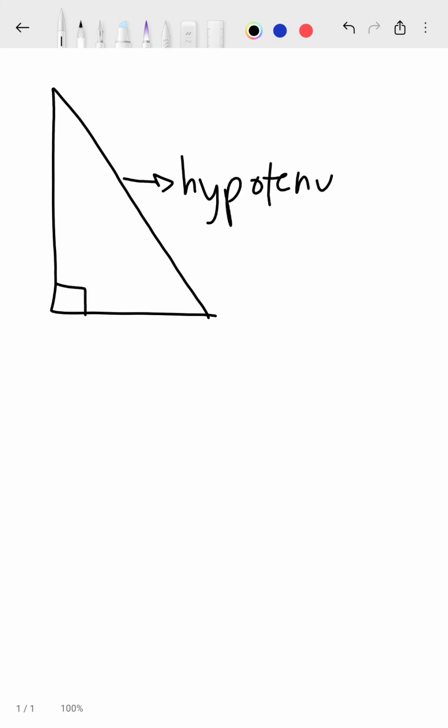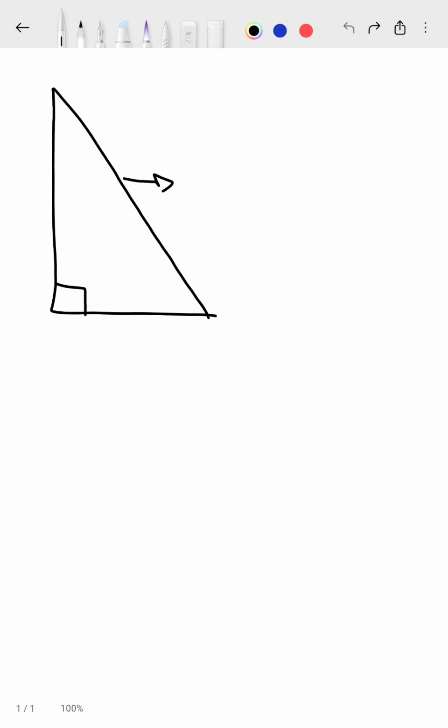Okay? And then, yung dalawang side po natin is what we call the legs. Okay? So, from there, we are going to use the Pythagorean theorem if one of the sides of a right triangle is missing.